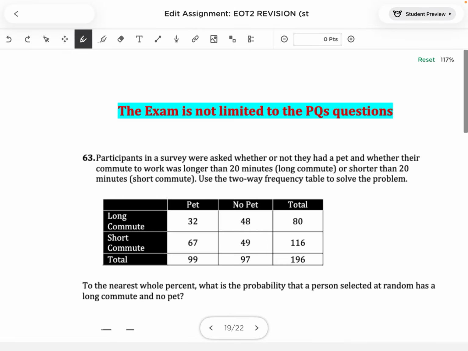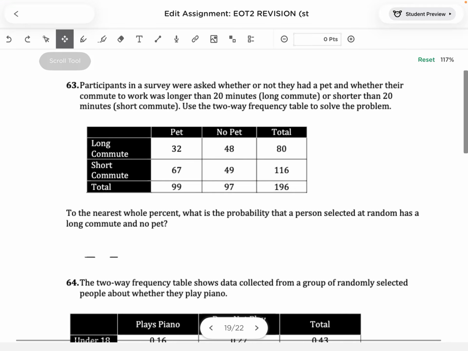Next question. The survey asks whether or not they had a pet, and whether their commute was longer than 20 minutes or shorter. Use a two-way frequency table to solve the problem. We need the probability of a person chosen at random who has a long commute with no pet.